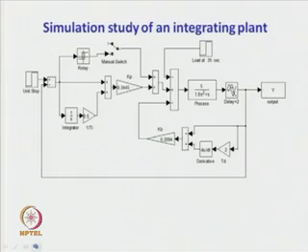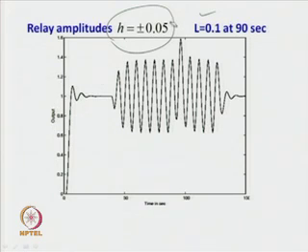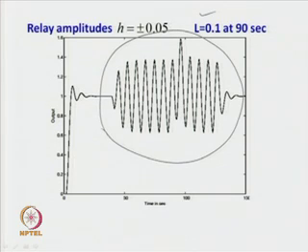Now, with the relay amplitude of H equal to plus minus 0.05, even in the presence of static load disturbance of magnitude L equal to 0.1 at time t equal to 90 seconds, we get a limit cycle output of this form. Please concentrate on this limit cycle output form. At time t equal to 90 seconds, about this time the static load disturbance of magnitude 0.1 occurs.